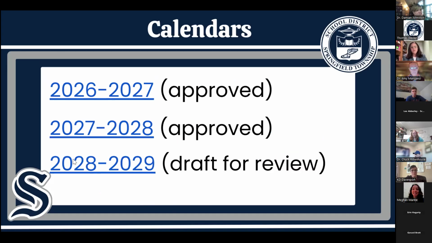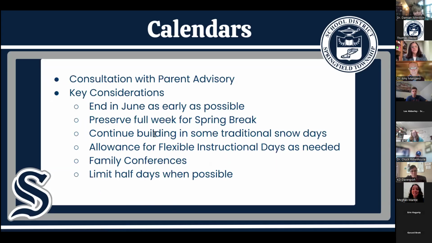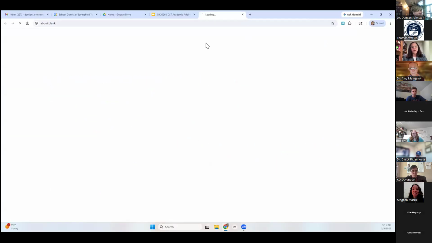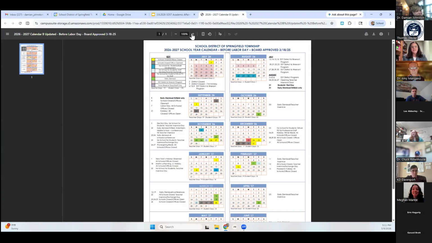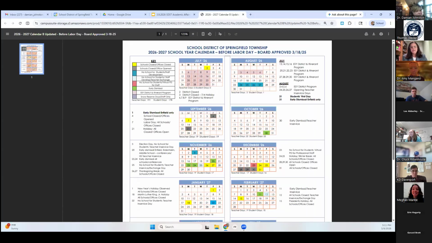So over the last few years, and I'll just ask you to open up 26, 27 if you don't mind, because I think it'll be easier if they see it. Over the last few years, we have continued to utilize feedback from parents and families and students with regard to how the calendar flows from year to year.